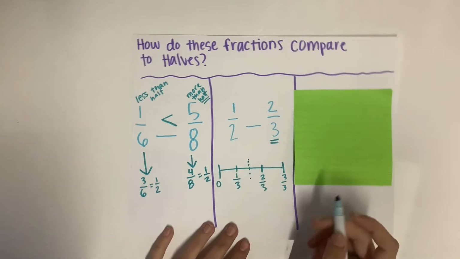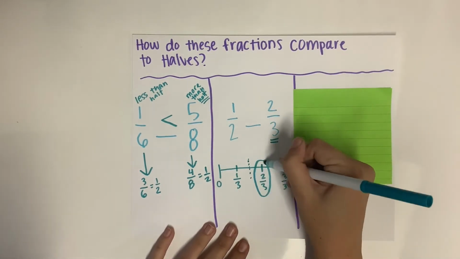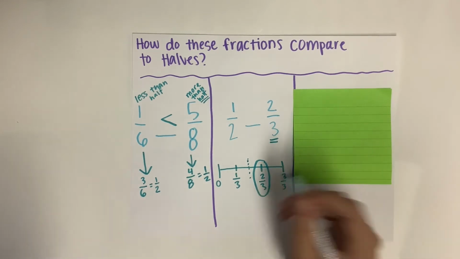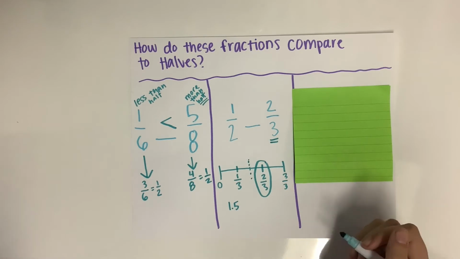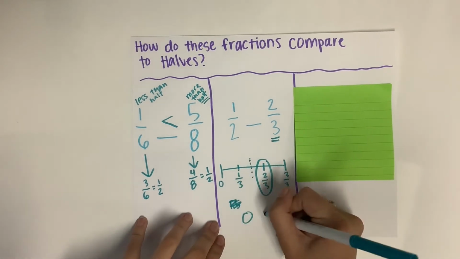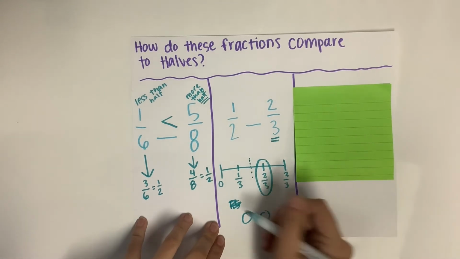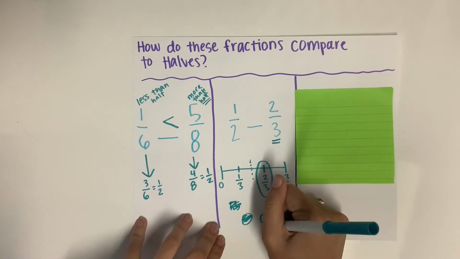But looking at this visual, we know that 2/3 is definitely greater than 1/2 because 1.5 is actually half of 3. Like if I divided up 3 cookies between 2 people, each person would get a whole cookie and then a half.